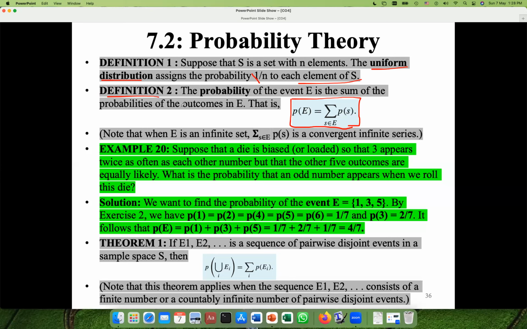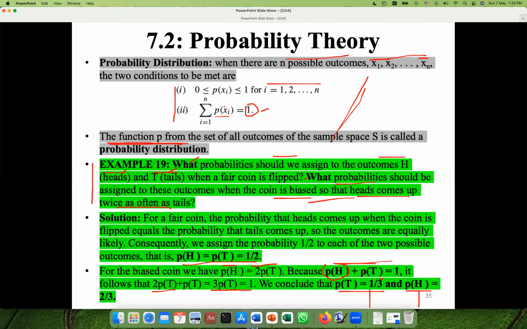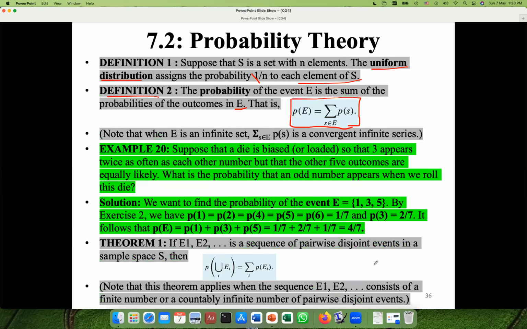So now, according to this definition, in event E, we have the outcomes. Here, what are the outcomes in this example? The head and the tail. And the event is what? You can say just the flipping of the coin or anyhow.